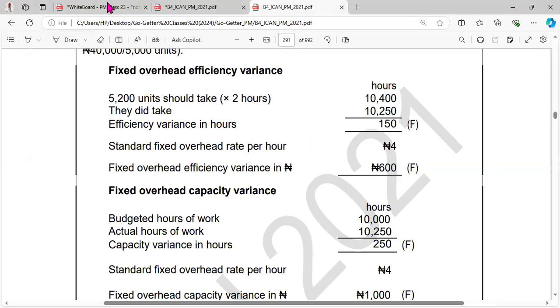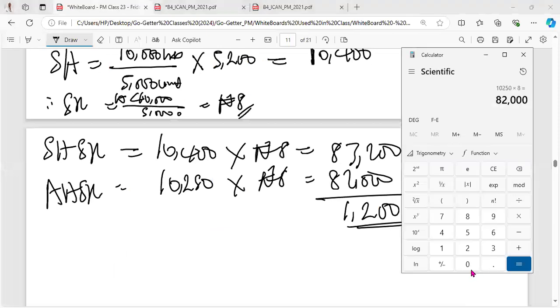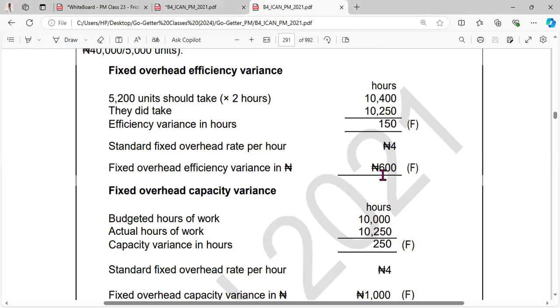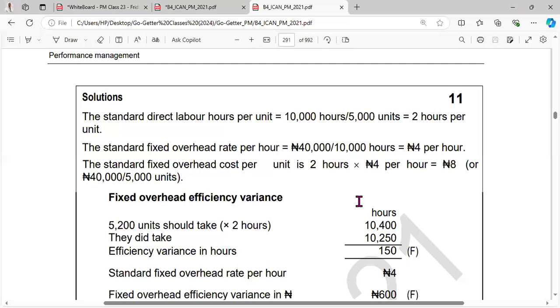I must have made a mistake. Let's see, 10,400 multiplied by 8 is 83,200, and 10,250 multiplied by 8 again. So what's the mistake here? Oh, I should have used the overhead absorption rate.